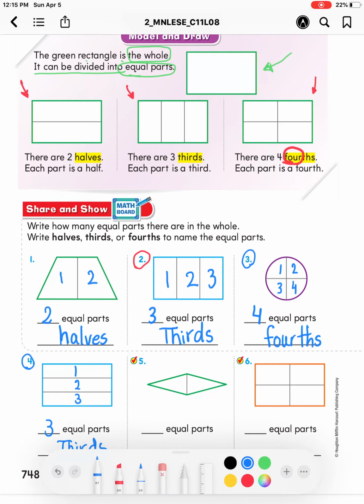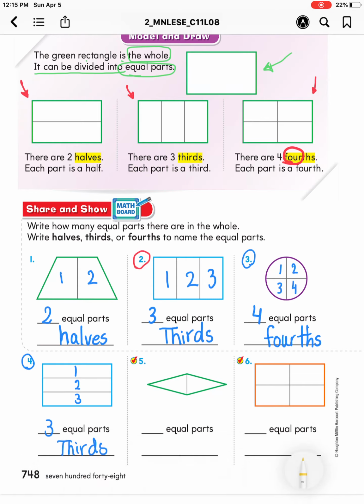In question number 2 here, you can see how they created the thirds by those lines. They created them like this, right? But in question number 4, they created the 3 thirds like this. So we have different ways of dividing a whole into equal parts.